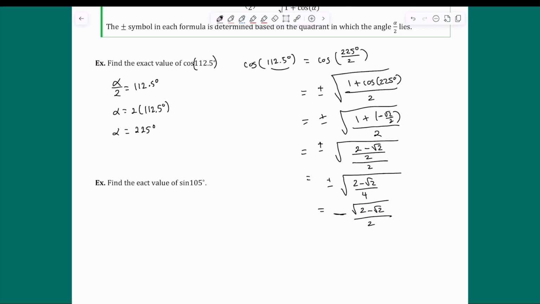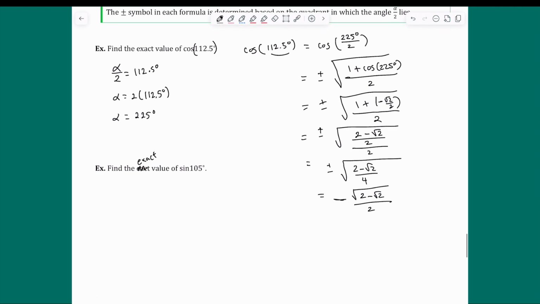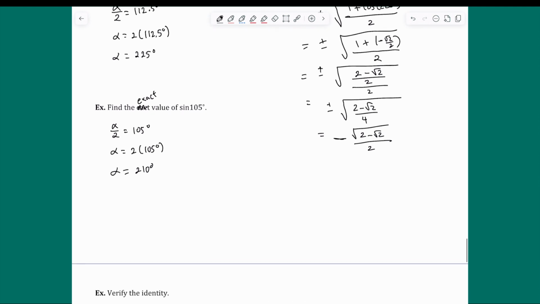Okay, so in the next example, we're going to find the exact value of sine of 105 degrees. Likewise, alpha over 2 is equal to 105 degrees, so alpha would be twice 105, which would give us 210 degrees.